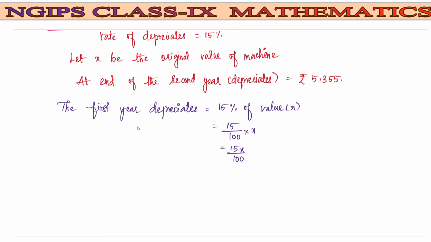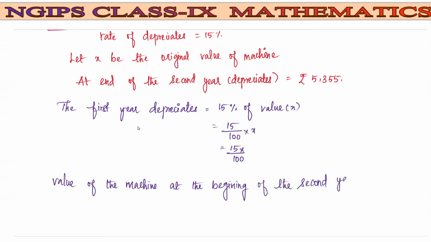Now we need to calculate the value of the machine at the beginning of the second year. So here the original value minus the depreciation, the value that we get as left over, is going to be the value at the beginning of the second year.